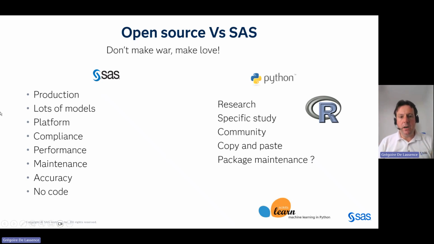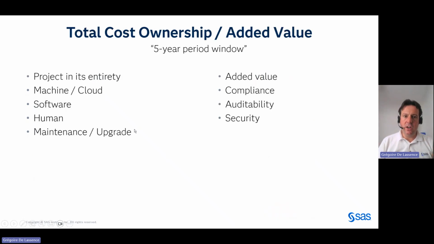So it comes up to discuss a little about the total cost of ownership for the platform. And I really like this 5-year period. If you've got a big project where you need compliance and/or performance, and you have a look at the total cost of ownership, we will have a lower total cost of ownership with the SAS platform, even if the software is quite expensive.